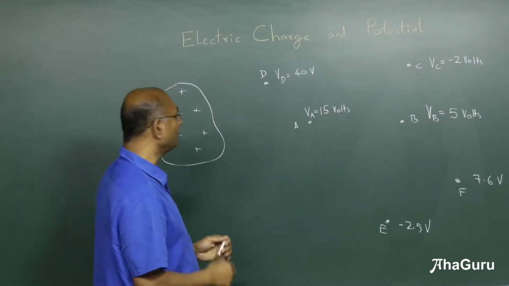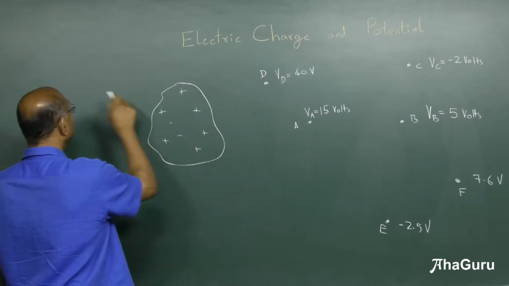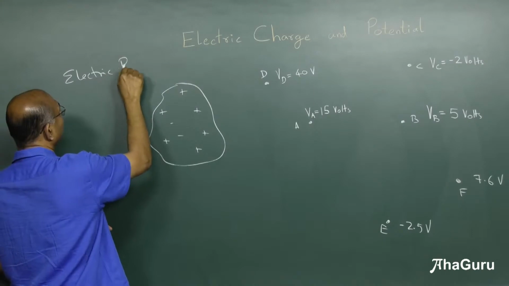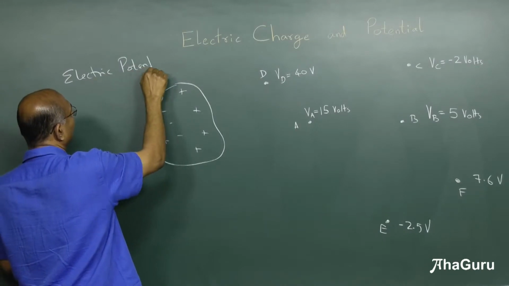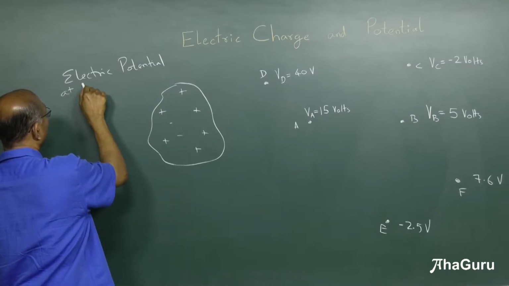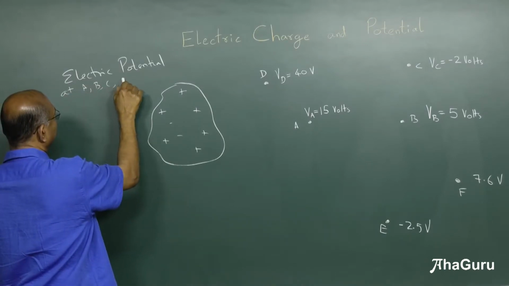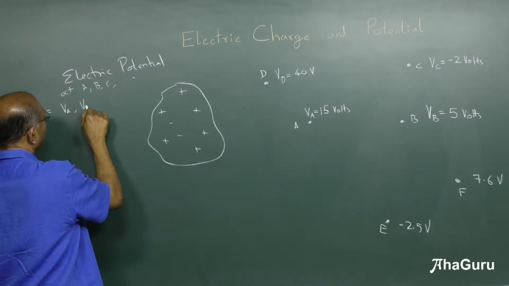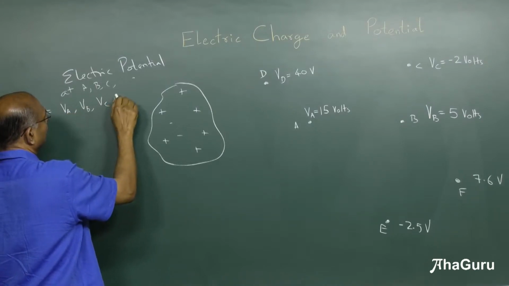At one location, you have one number. These numbers are called electric potential, not energy, potential at A, B, C, etc. They are called VA, VB, VC, right?